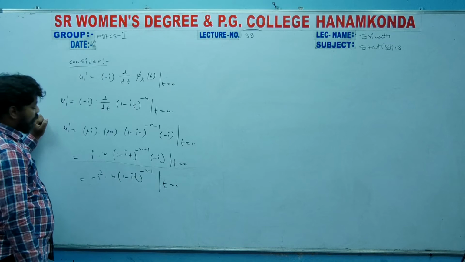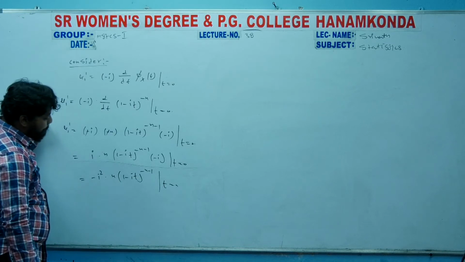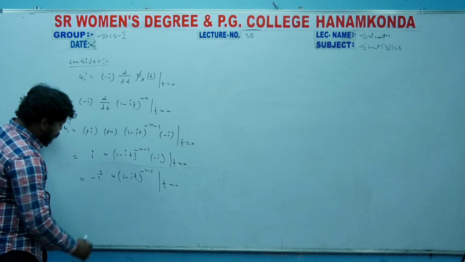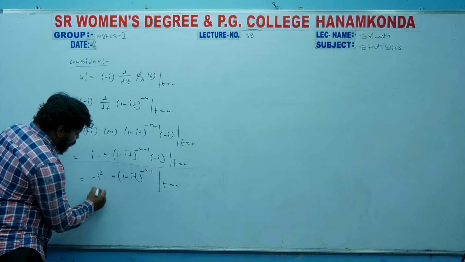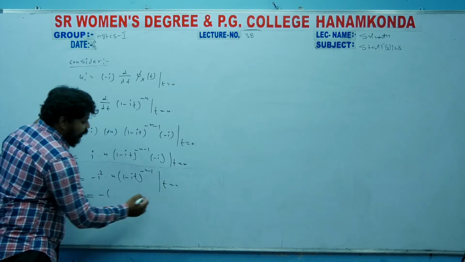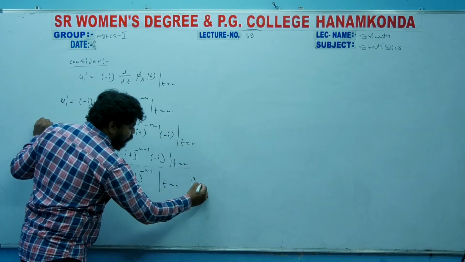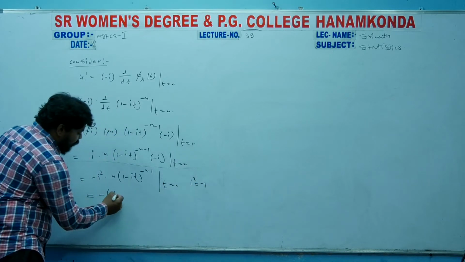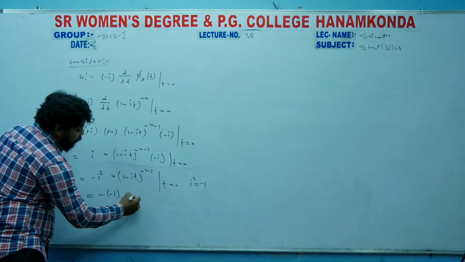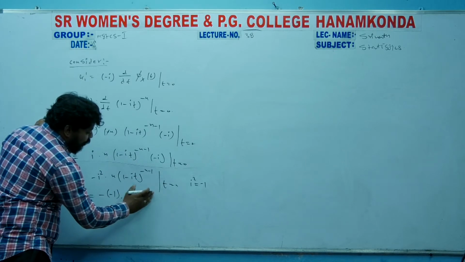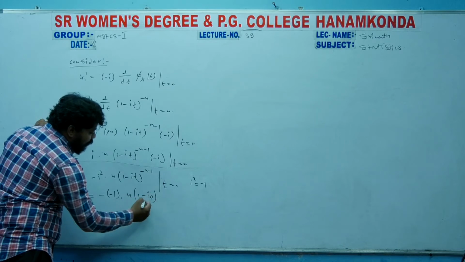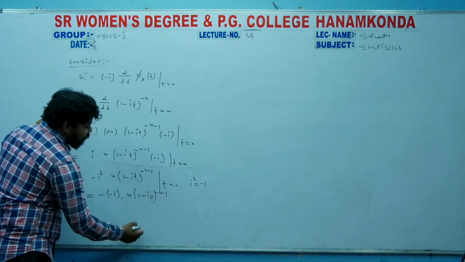Then substitute t equal to 0. Since i square is equal to minus 1, minus 1 and minus 1 give plus, and 1 minus it at t equal to 0 gives 1.